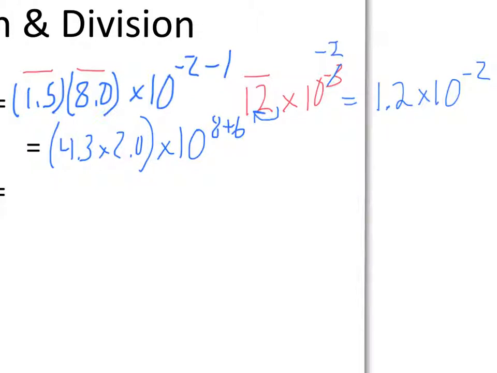Well, 4.3 times 2.0, that's just 8.6 times 10 to the, well, 8 plus 6 is 14. So that's our answer right there. Don't need to make any changes.